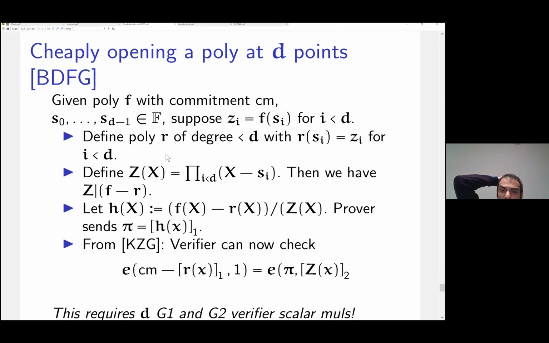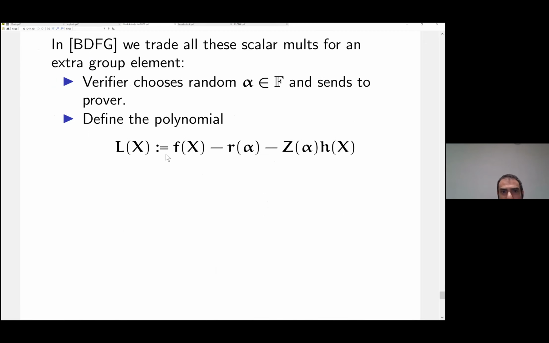So this is going to be pretty expensive for the verifier. And what happens in BDFG is we trade these scalar multiplications for an extra group element in the proof. So how do we do this?